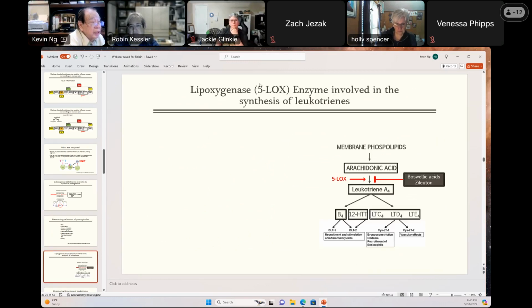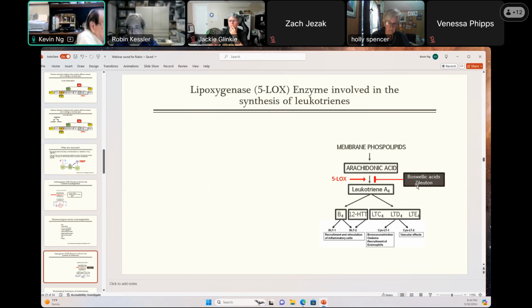Now, the other enzyme is called 5-LOX. This is the enzyme that has been neglected for 70 years. When this discovery was made, the pharmaceutical companies jumped the gun. They tried to make synthetic stuff.